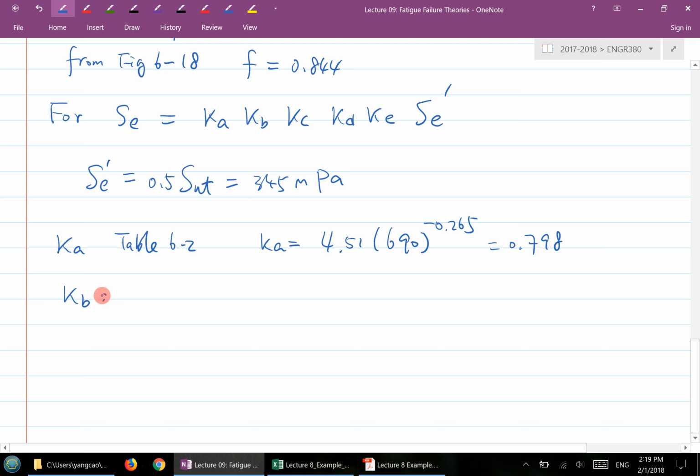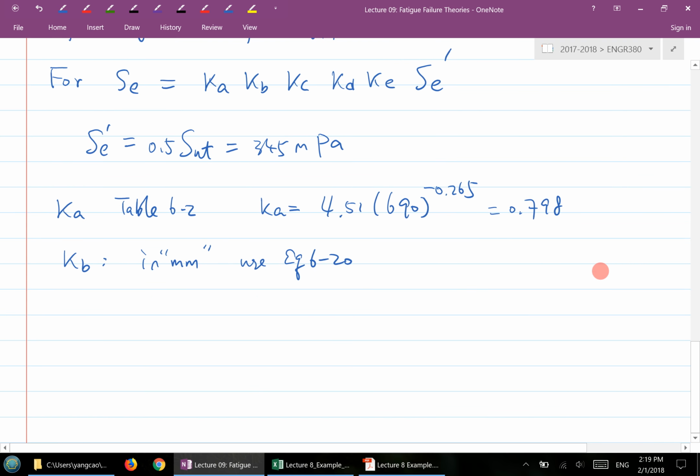Then Kb. Kb is the size factor, right? Because everything is in millimeters for this question, we have to use equation 6-20, which is for millimeter units, and in that you look at the range of the actual diameter.